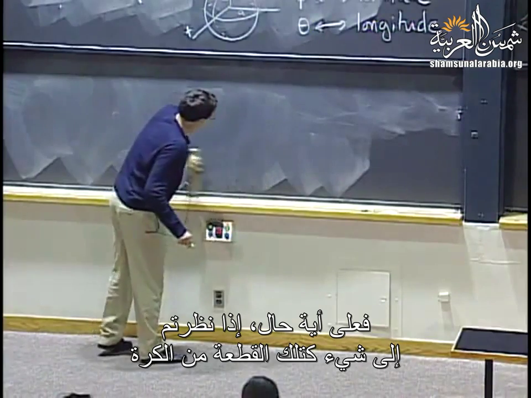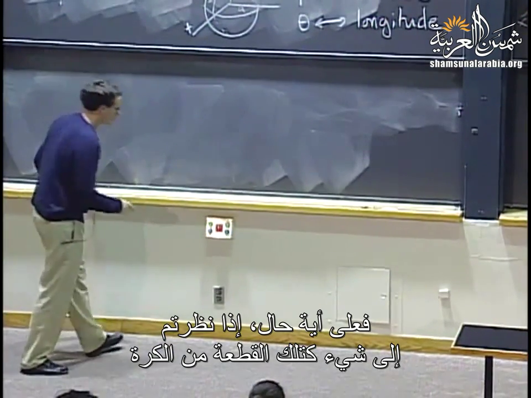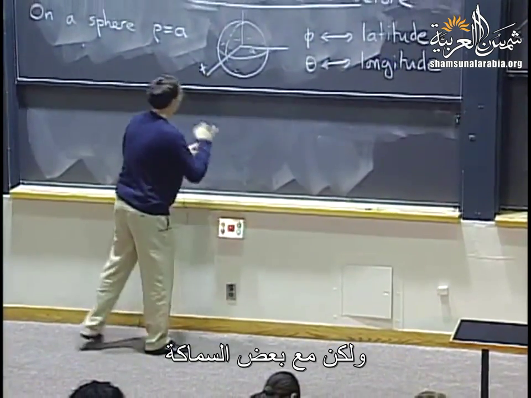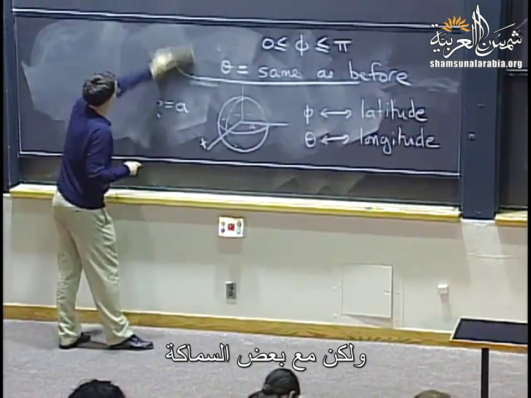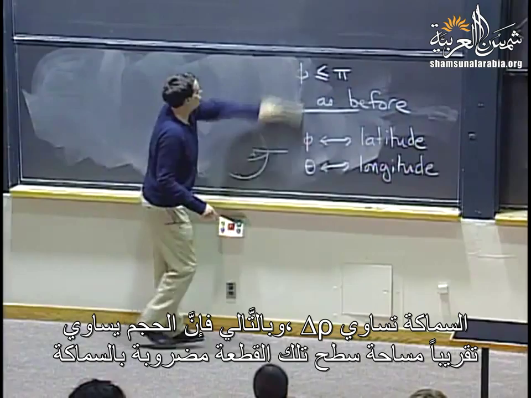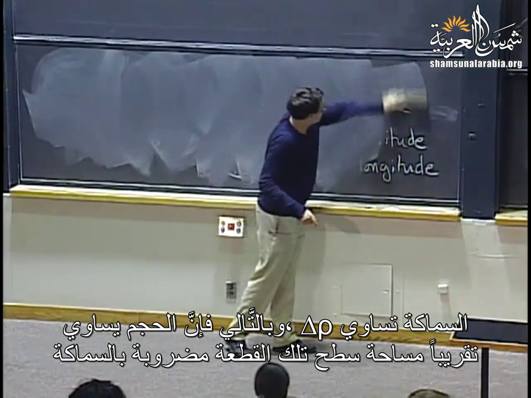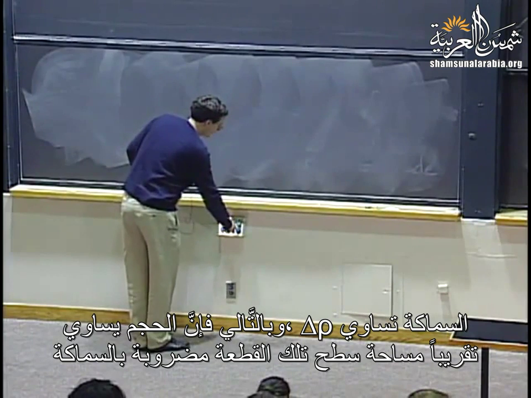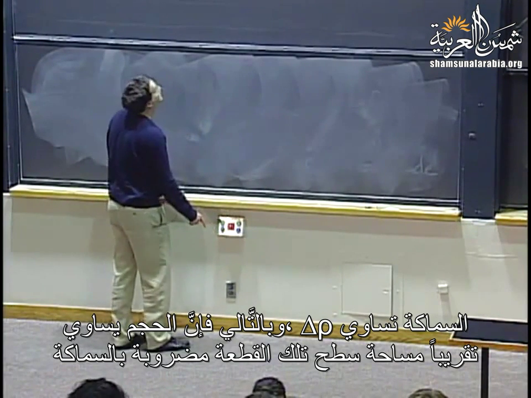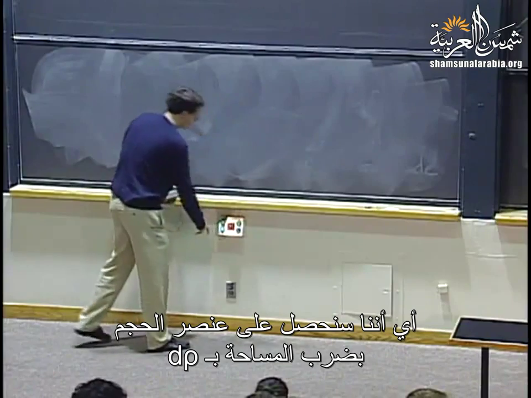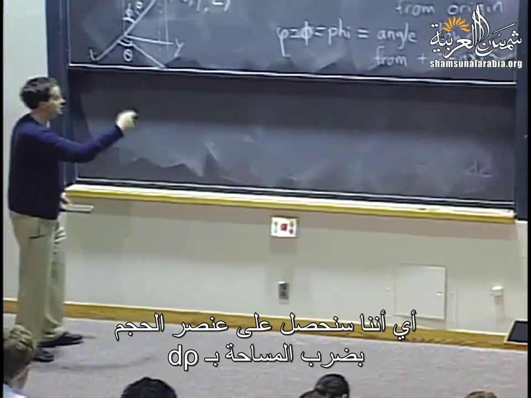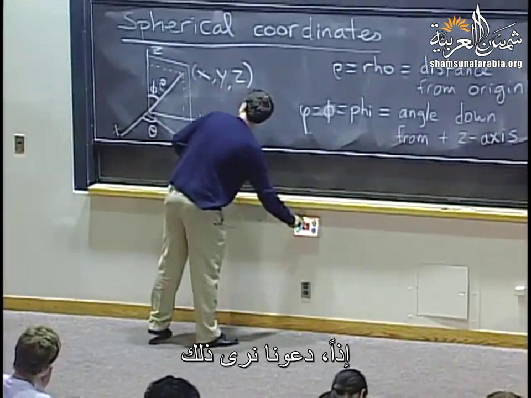So anyway, if you look at something that's a bit like that piece of sphere, but with some thickness to it. The thickness will be delta rho, and so the volume will be roughly the area of the thing on the sphere times the thickness. So I claim that we'll get basically the volume element just by multiplying things by d rho. So let's see that.